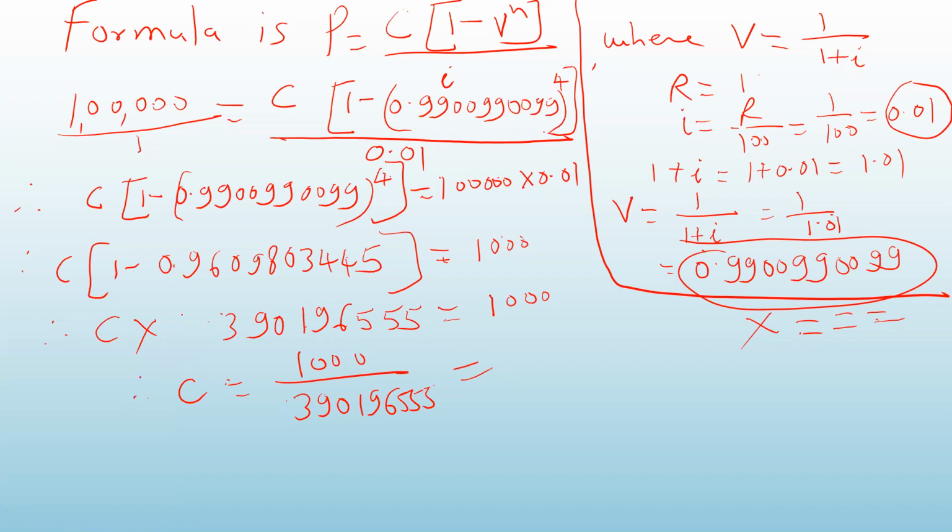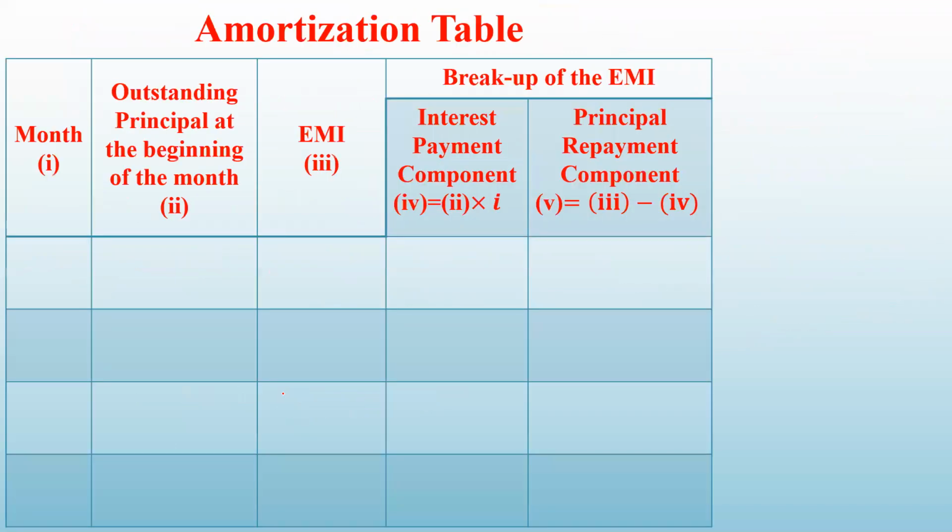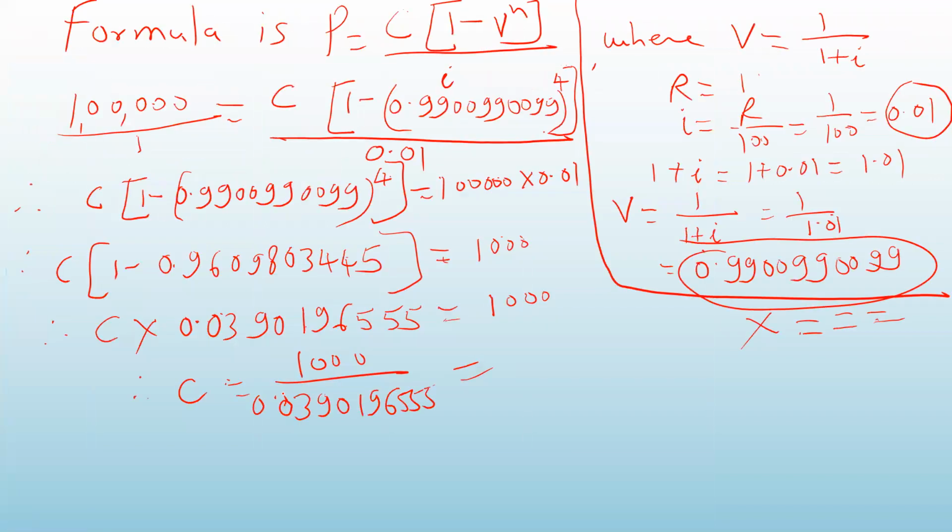It's 0.0390196555. Okay. So 1000 divided by 0.0390196555 gives you 25,628.109.